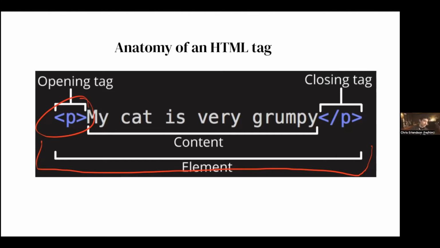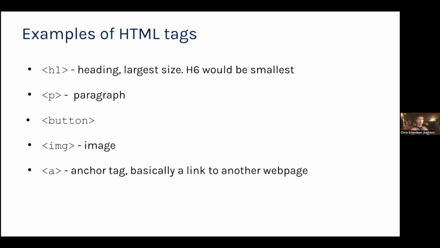Opening and closing tags and content inside of it. We're going to see some examples of HTML tags, and we're going to see what they look like in just a moment. So these are the most common types of HTML tags. It's not limited to this, but this is one of the most common types of tags that we'll see.